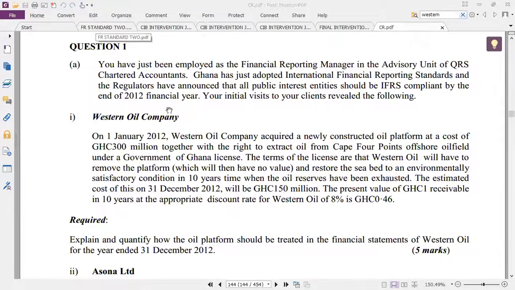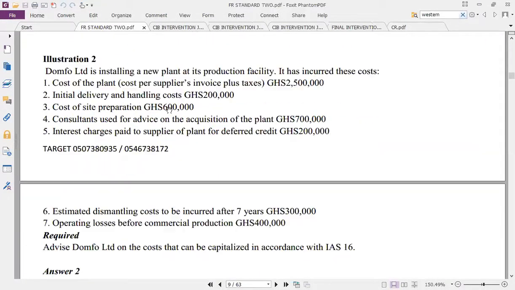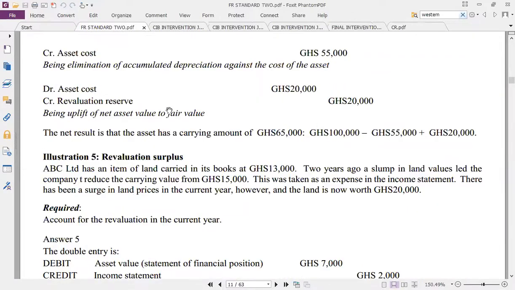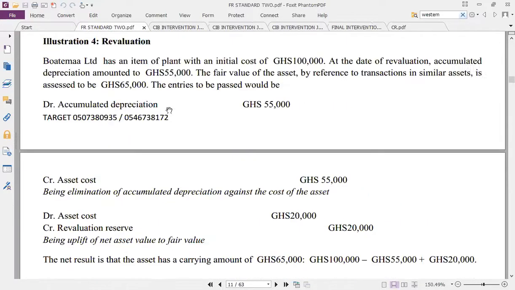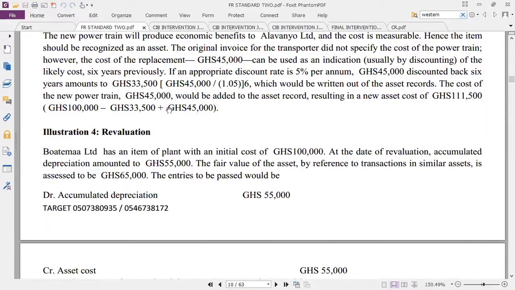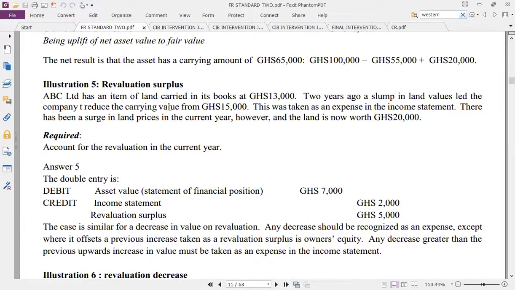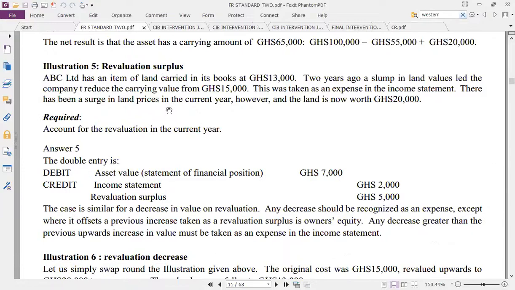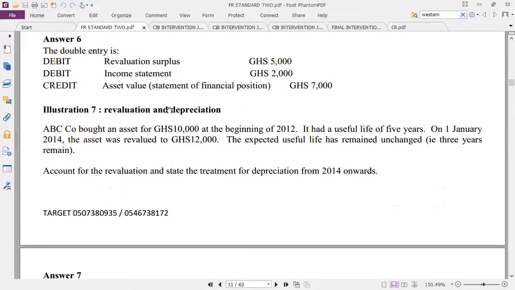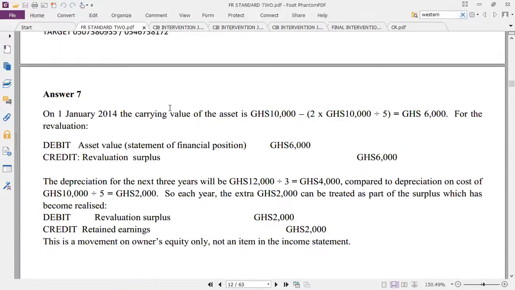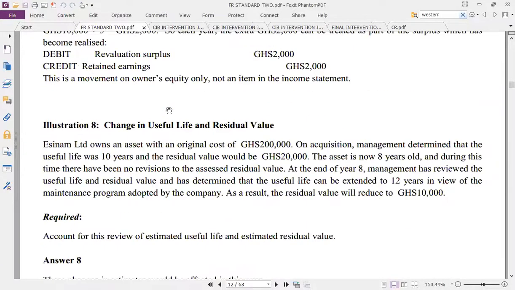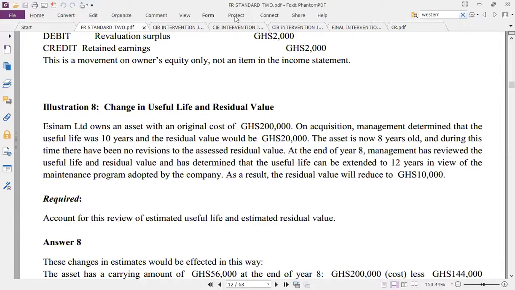For instance, if you take the handout and go to illustration 7, you get the revaluation reverse. From illustration 4 going, all of them are revaluation. So can you try them? They come with solutions, so you don't need to worry at all. Especially illustration 7 is the reverse. Good, take note of that. Now let's go to subsequent expenditure.